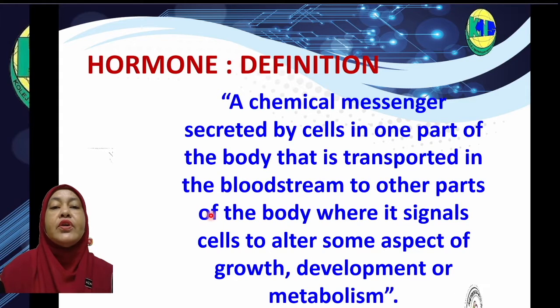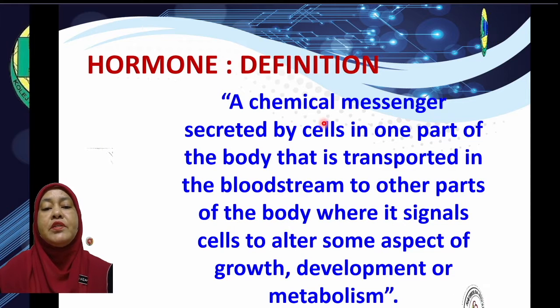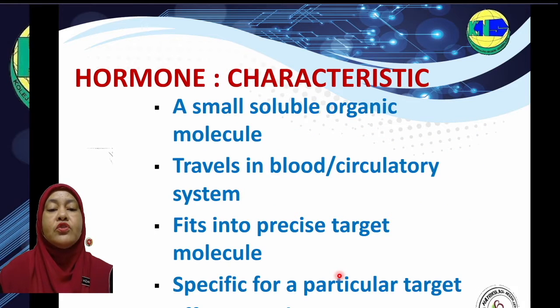What is actually a hormone? The definition of a hormone is a chemical messenger secreted by cells in one part of the body that is transported in the bloodstream to another part of the body, where it signals cells to alter some aspects of growth, development, or metabolism. These are the characteristics of hormones.